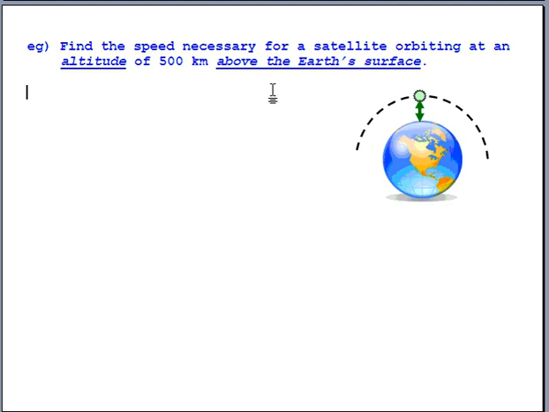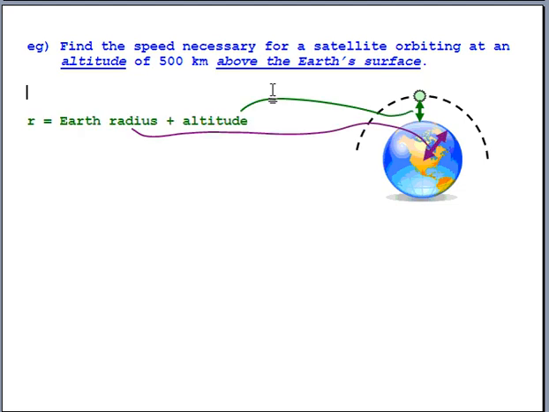Take their number and go. But if they offer you a number and say, oh, this is the height, or this is the altitude, or this is how much it is above the Earth, you're going to have to add on the Earth's radius to the distance you are above the Earth in order to truly know what the radius is for that orbit.